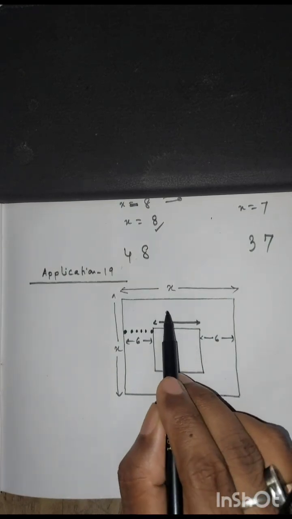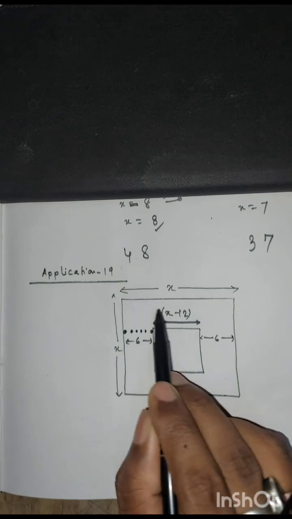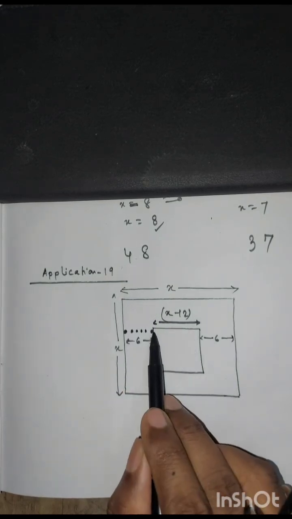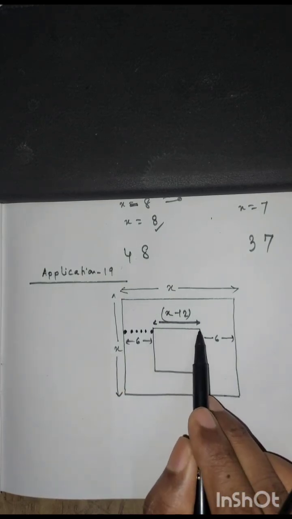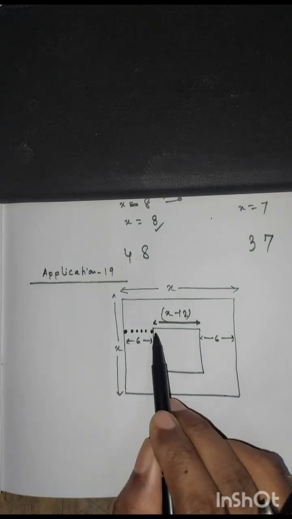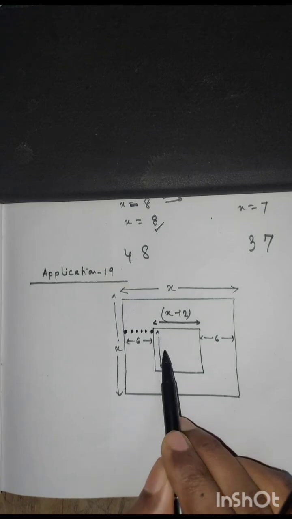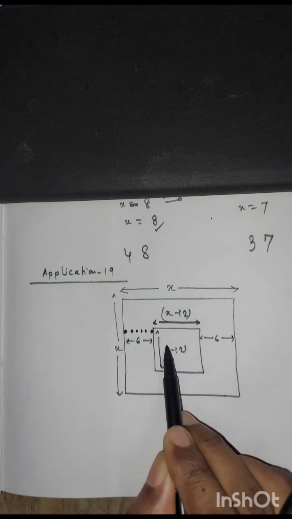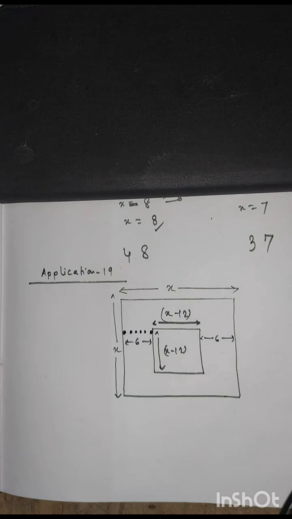So total 12 students should be subtracted from x. So we are getting the length of this side. So this is x minus 12. As it is a square, this side is also x minus 12.